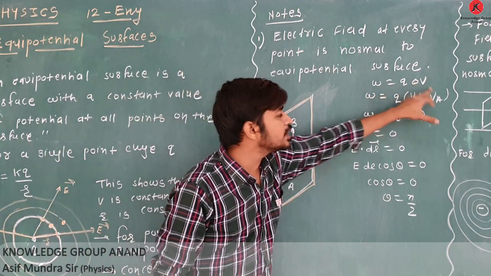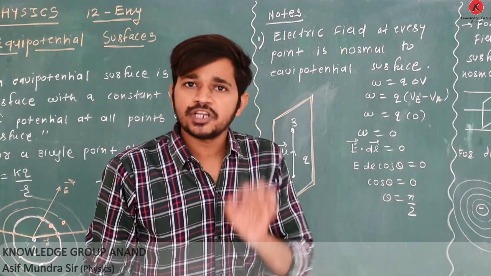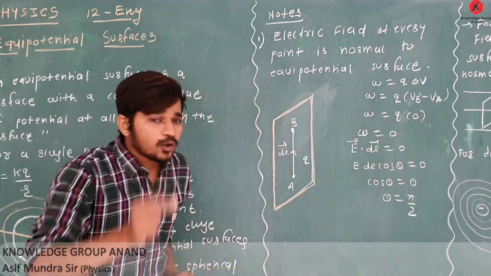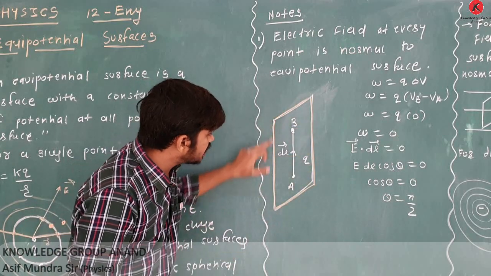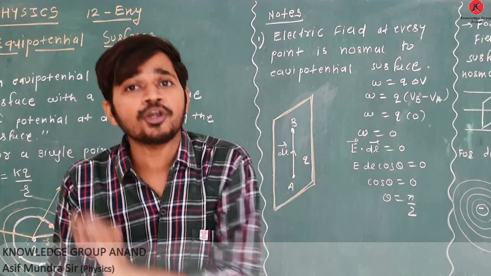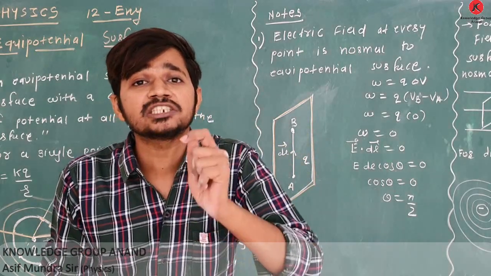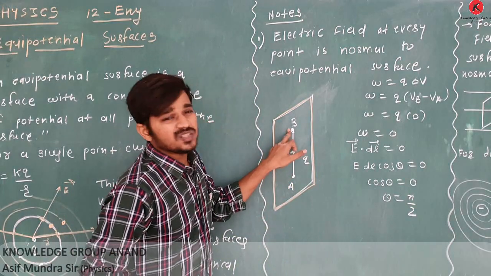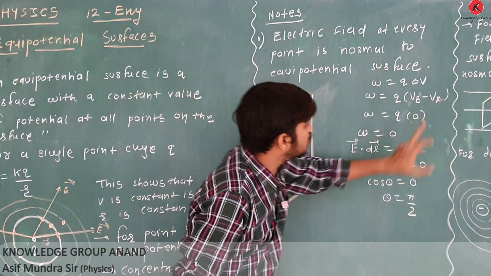W is equal to Q delta V. Delta V means potential difference between two points, so it is VB minus VA. Now A and B are points on an equipotential surface, means potentials are equal. So potential of A and potential of B are equal, so VB minus VA is equal to 0.